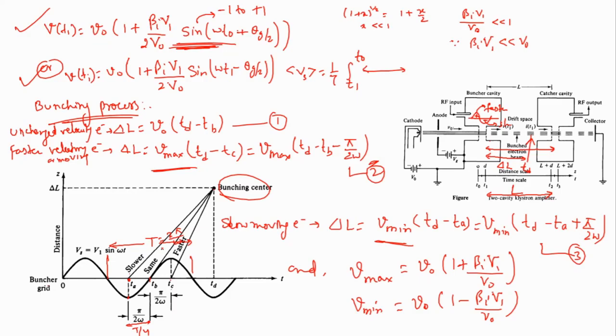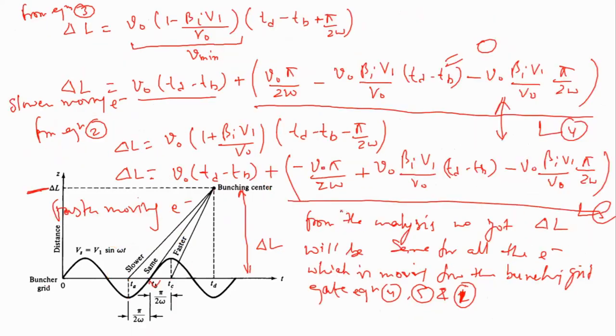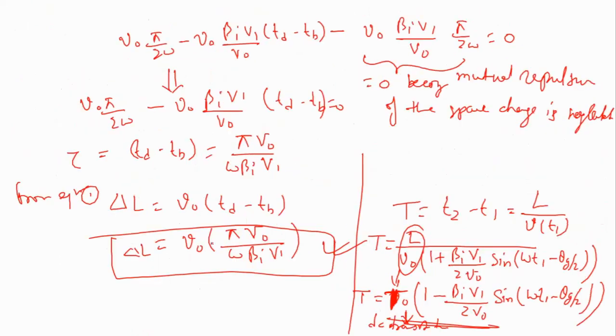The distance between these two is delta L, and the delta L value was V0 into pi V0 divided by omega beta I V1. And after that we saw the transit time for the carrier to travel in the drift space.